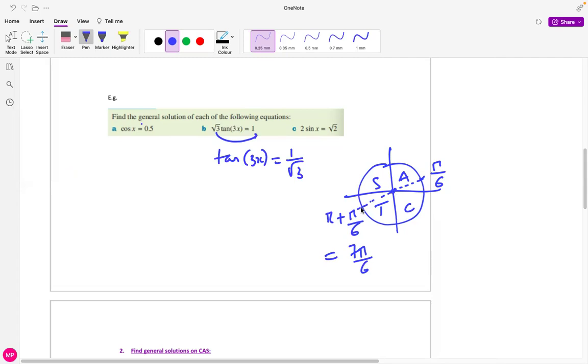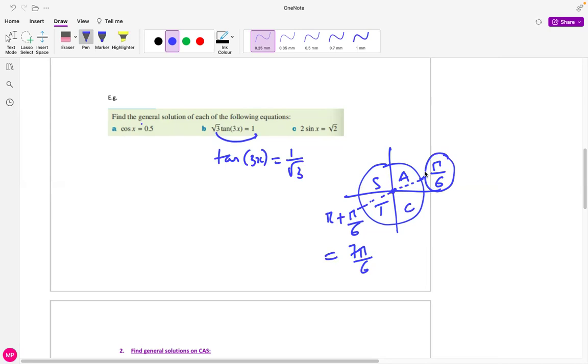And then if you go another half of a circle, you repeat the same position. So technically, you don't need this. You can use pi/6 and then you pass half a circle to get the next solution, which is 7 pi/6 here. And then if you pass another half circle, you get that.